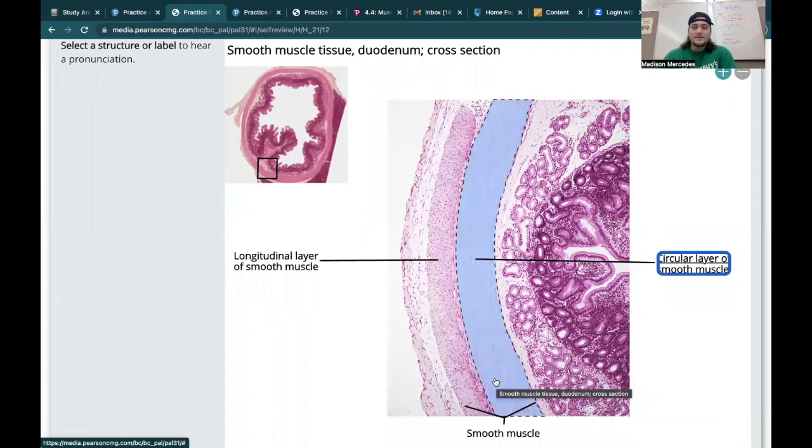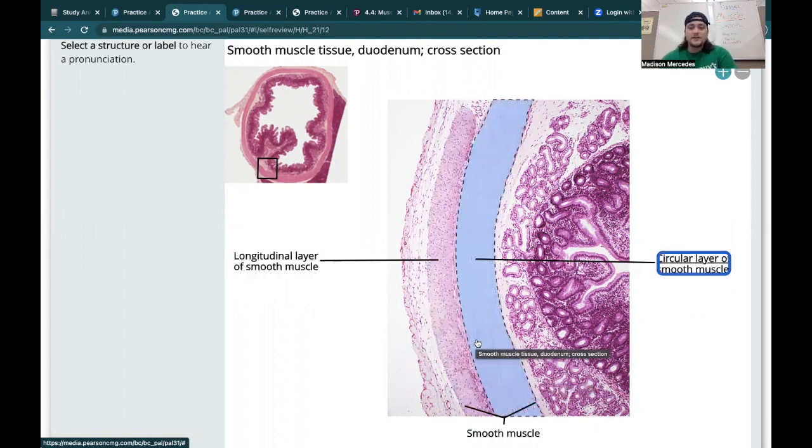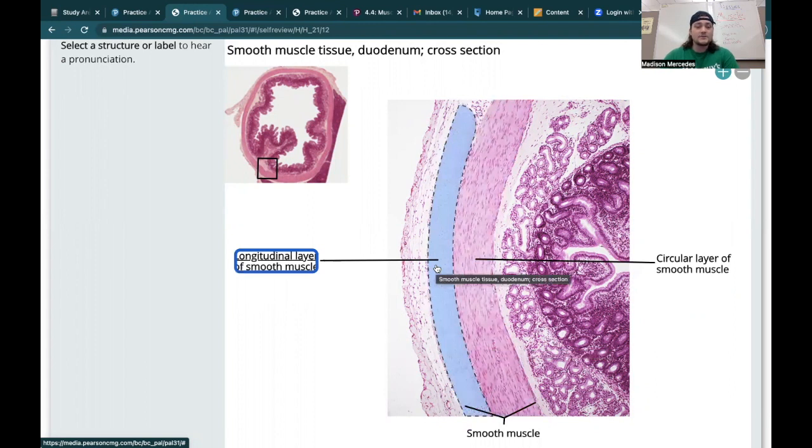When one end of the circular layer contracts, the longitudinal layer of smooth muscle next to it will relax, and vice versa.